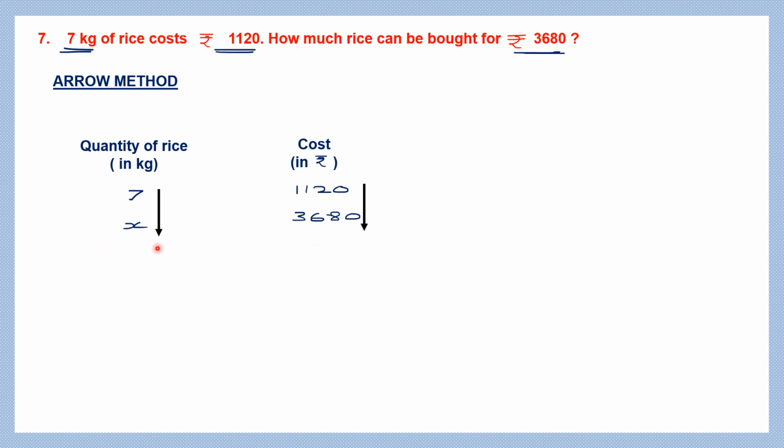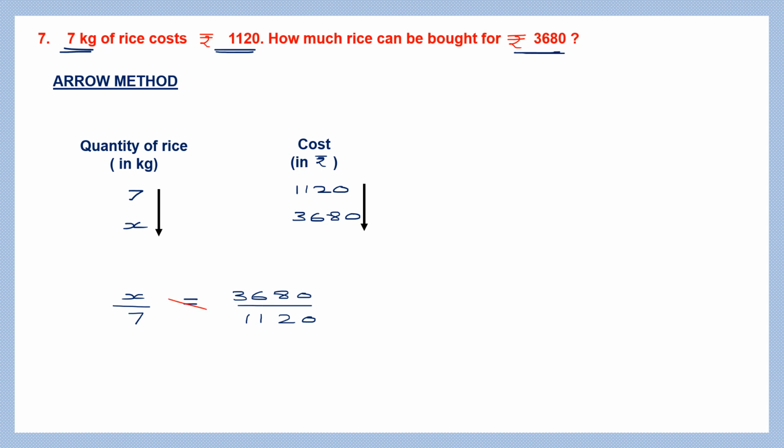Now to make our mathematical statement, we take the number that is closest to the arrowhead, and that is x, and that is going to be our numerator. 7 is the denominator, and on the other side similarly 3680 is the numerator, 1120 is the denominator.